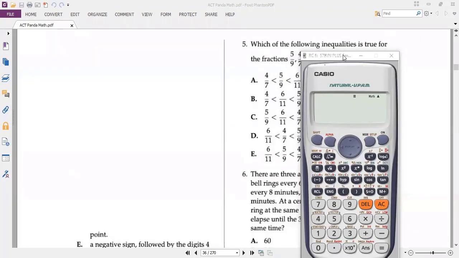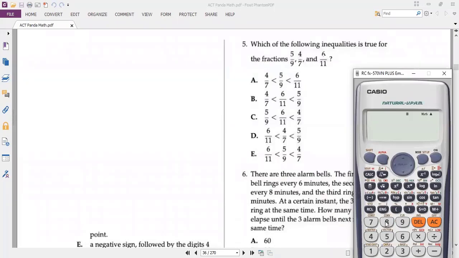First one is 5 over 9. Okay, now we have 5 over 9, so it's 0.5555 and so on. Just take 3 digits. We write it down here. Don't take much time like me. 0.556 approximately. Also 4 over 7, change the color and check 4 over 7 here.